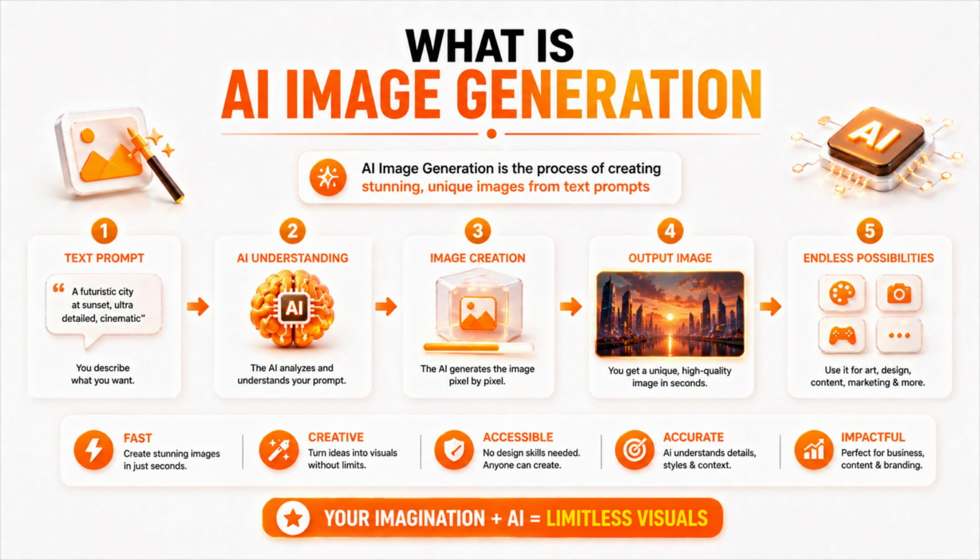The AI analyzes the prompt, understands objects, style, lighting, and context using patterns it learned during the training process. Then the model generates the image pixel by pixel, often using diffusion, starting from noise and then refining it step by step. In just seconds, you get a high quality unique image that matches your input.